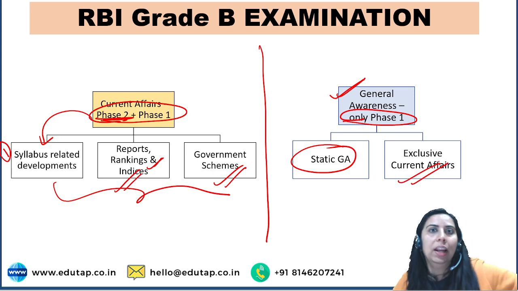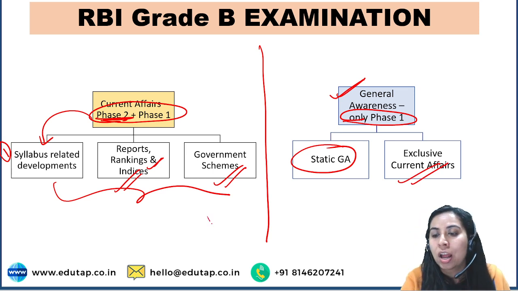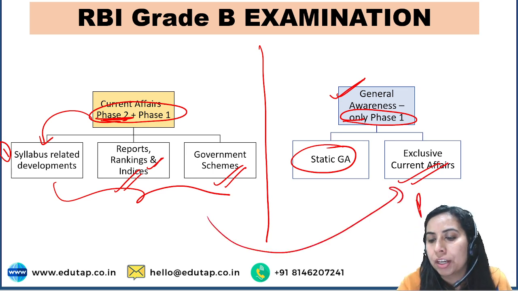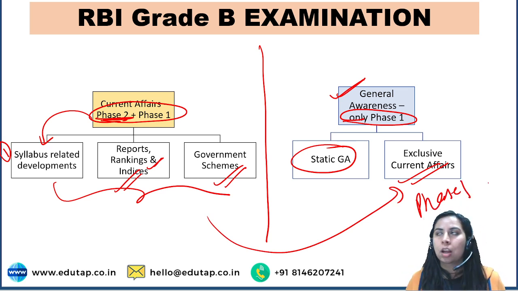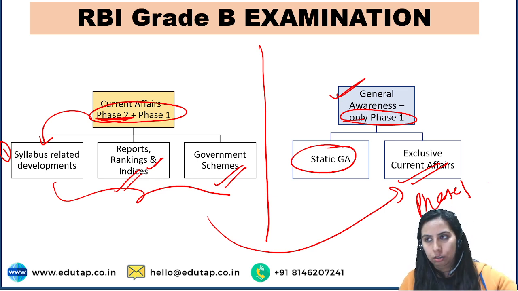Exclusive from what? Exclusive from phase 2. It comes only and only in phase 1. The simple reason is that it is not related to your syllabus. For example, a tennis match, the Olympics taking place, Wimbledon taking place, a women's cricket competition taking place, right?